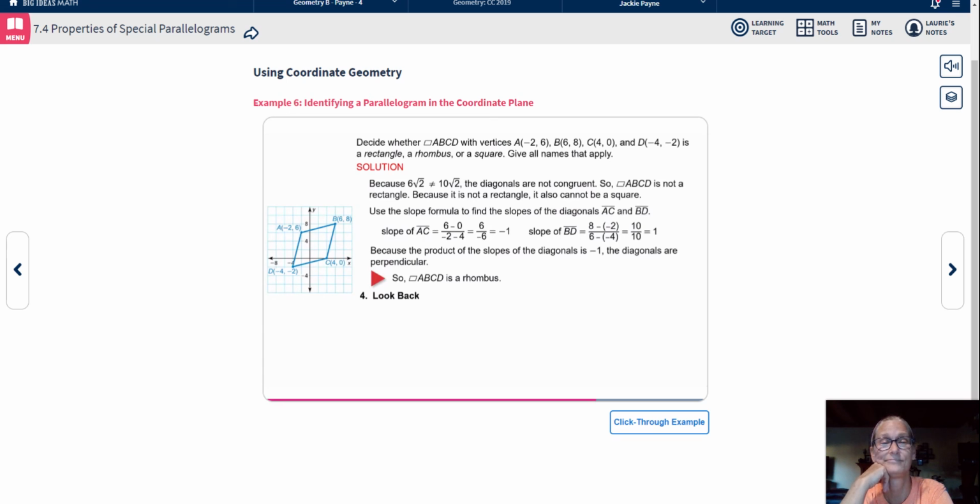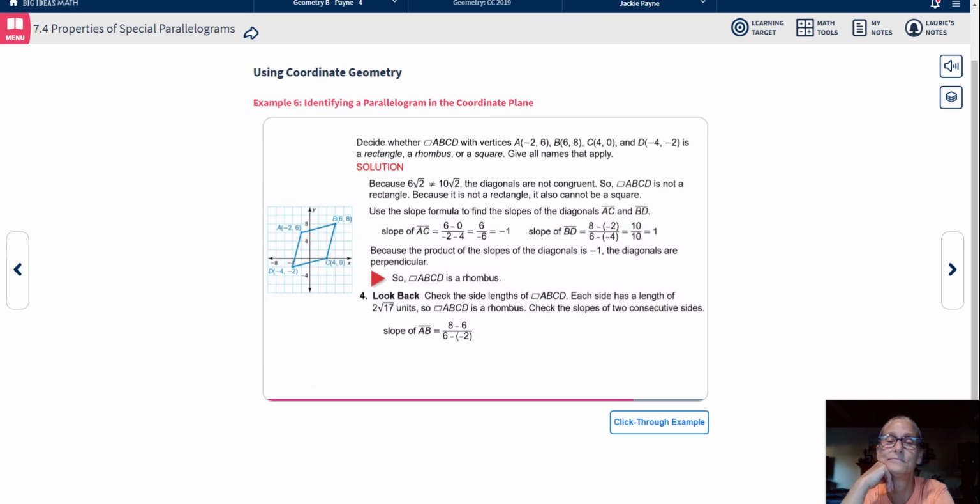Step 4. Look back. Check the side lengths of parallelogram ABCD. Each side has a length of 2 times the square root of 17 units. So parallelogram ABCD is a rhombus. Then check the slopes of 2 consecutive sides. The slope of segment AB is equal to the quantity 8 minus 6 divided by the quantity 6 minus -2, which equals 2/8, or 1/4.